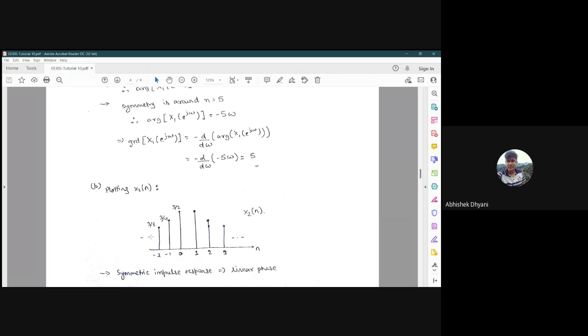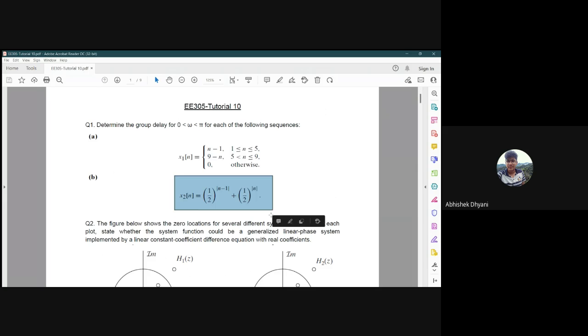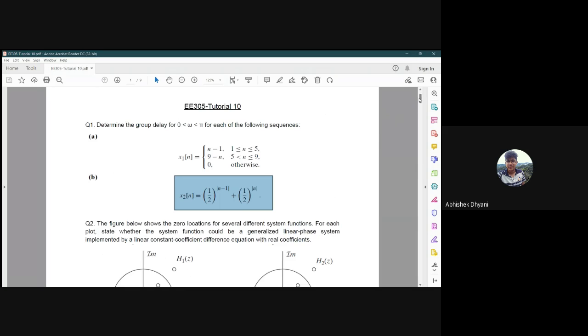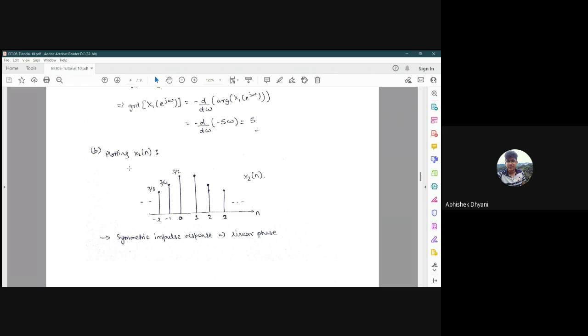So obviously this is also symmetric, because at 0 and 1 it is 3/2, then at minus 1 and 2 it is 3/4, and then at minus 2 and 3 it will be 3/8. So when we plot this one as well, it is also symmetric, right? Since this is also symmetric, we know that it is also linear phase.